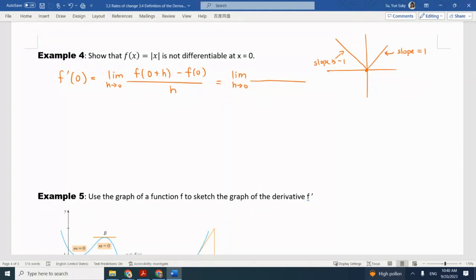Do you agree? f of h is absolute value of h, because f of x is absolute value of x. So when you plug in x is h, we get absolute value of h. What is f of 0? What's absolute value of 0? It is 0. And over h.